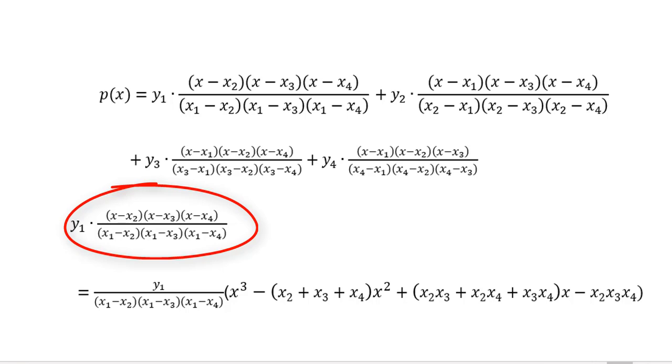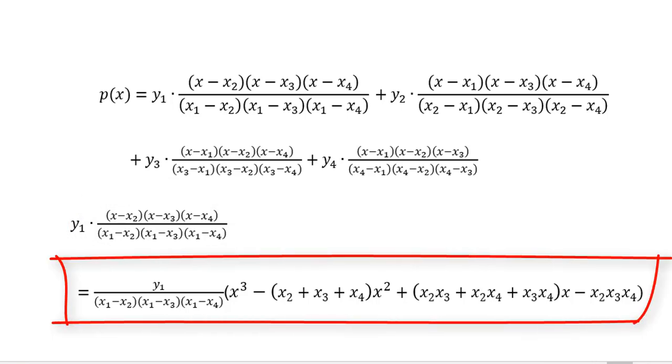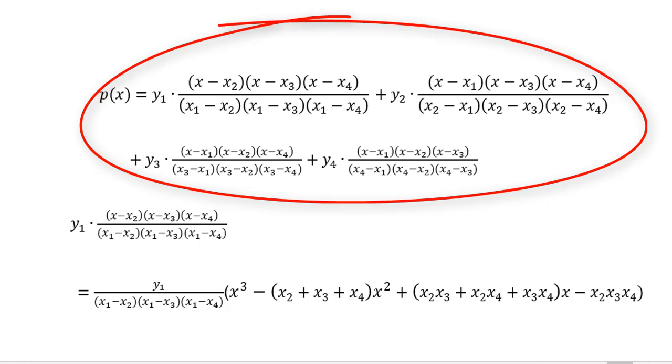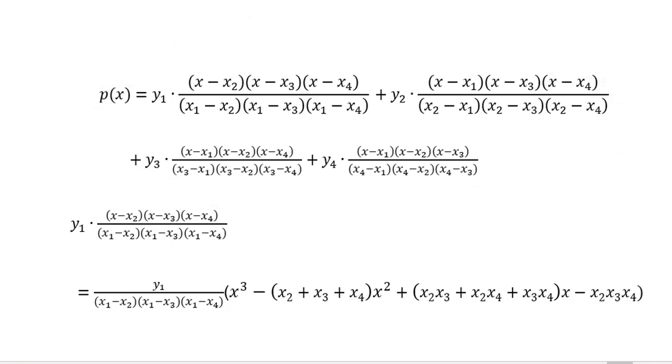If I do the FOIL to the top and the bottom, I will get this. Then we know that for y2, y3, y4, they are symmetric expressions. Therefore, we can use Excel to work out y1 over x1 minus x2, x1 minus x3, x1 minus x4.